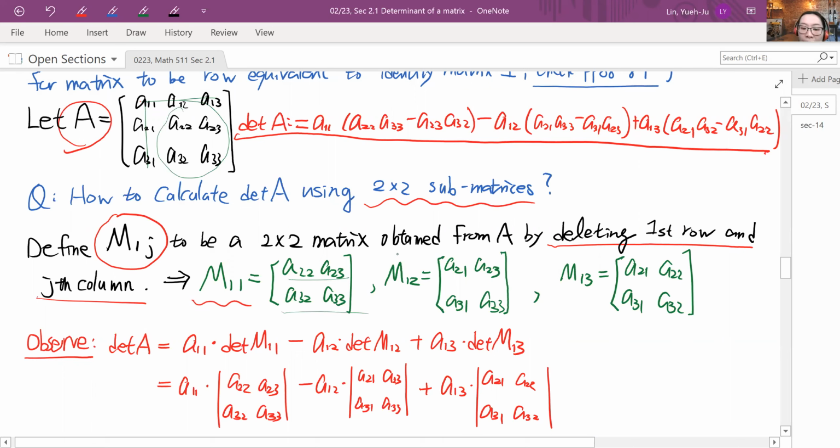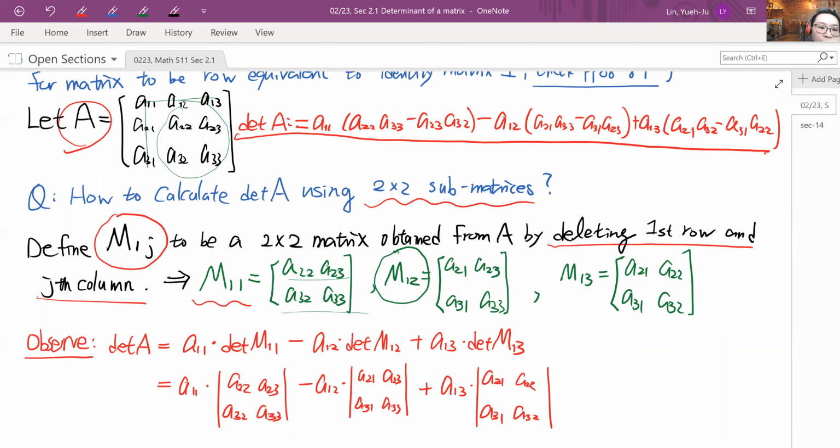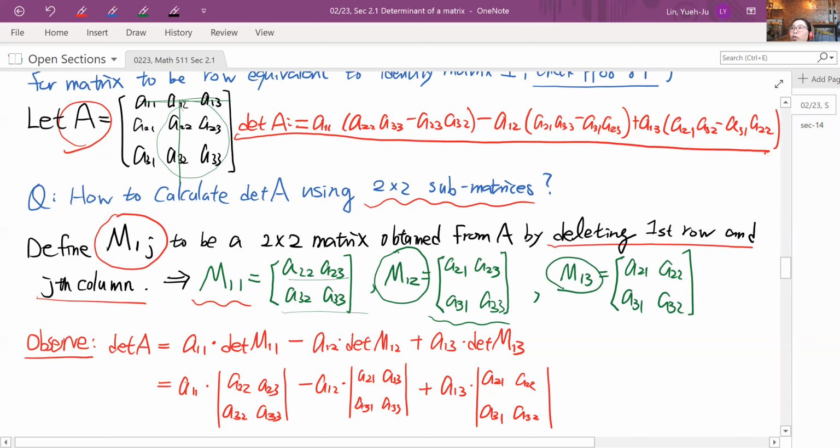Do the same thing for M12, a 2 by 2 submatrix from A by deleting the first row and second column. So the remaining 4 numbers will be my submatrix. And do the same thing for M13: you get it from A by deleting the first row and third column.